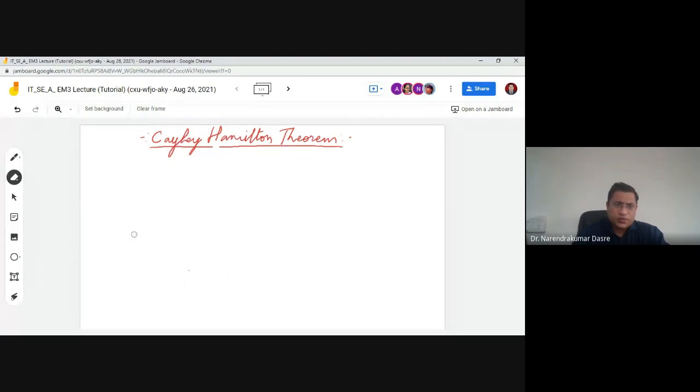This theorem says that every square matrix satisfies its own characteristic equation.